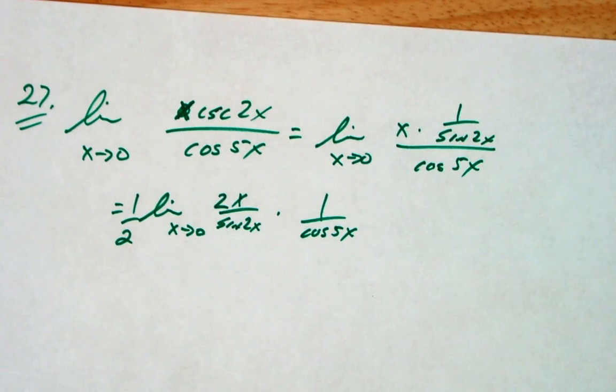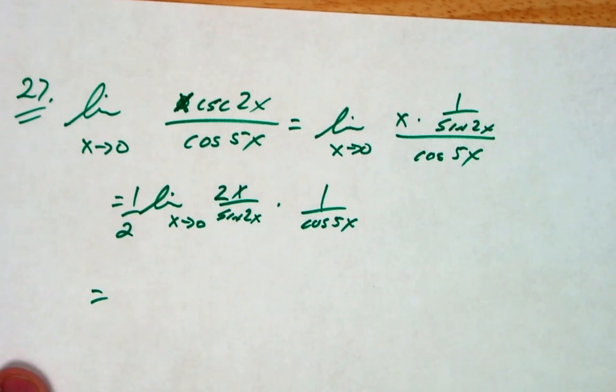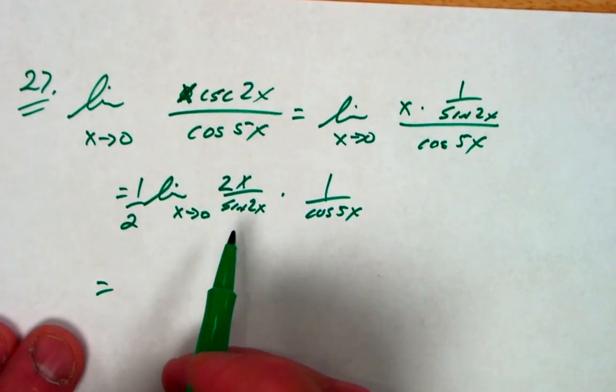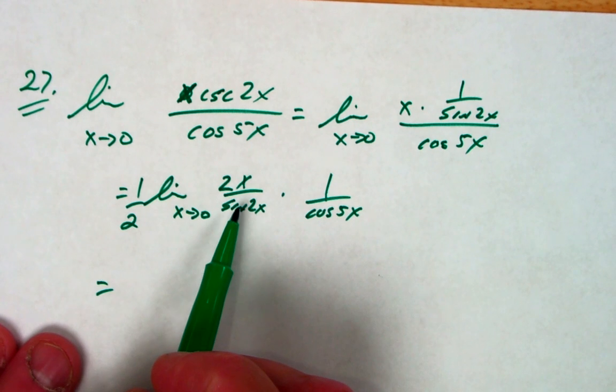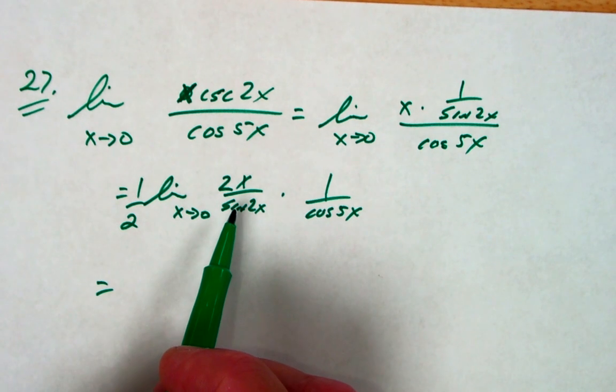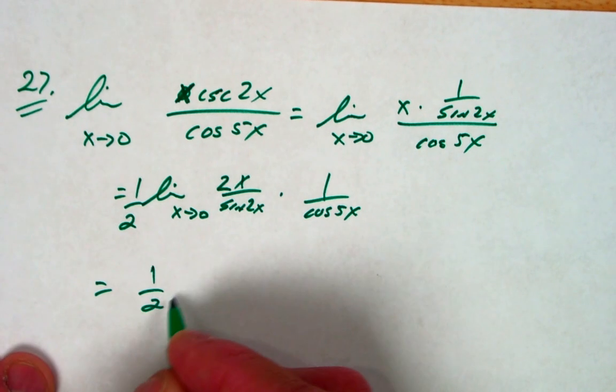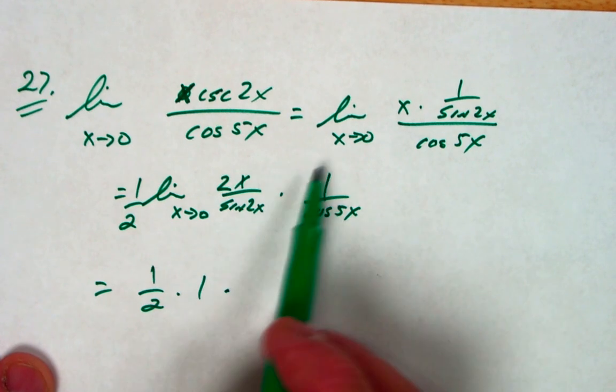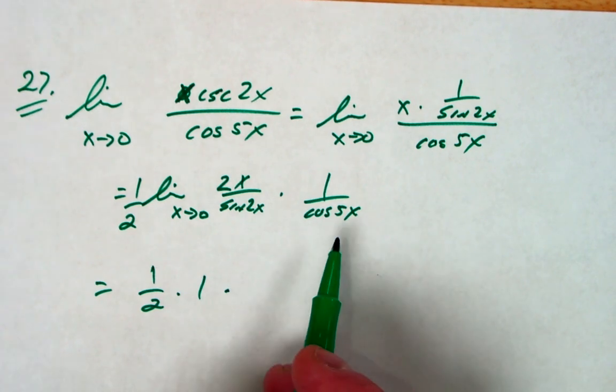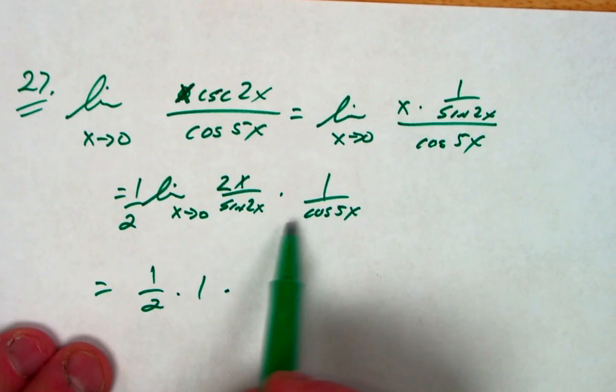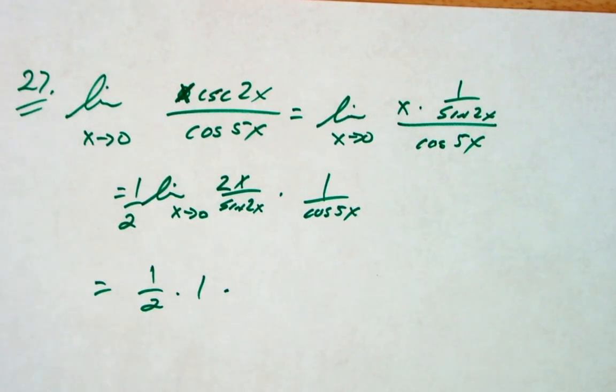Okay? So now we can actually go ahead and take care of this. We did enough of these yesterday where the reciprocal of this is still going to be 1. Okay? So we have 1/2 times 1 times, now cosine, as x approaches 0, it's just 1 on the bottom.